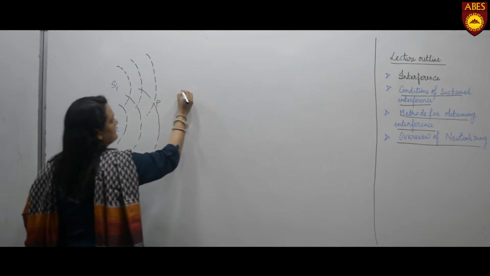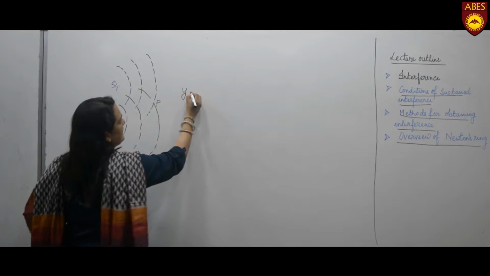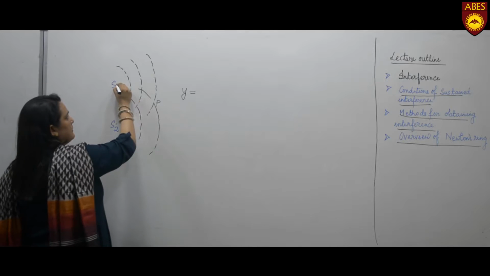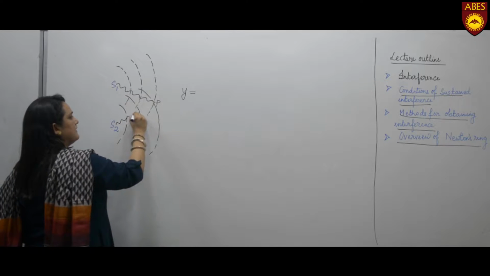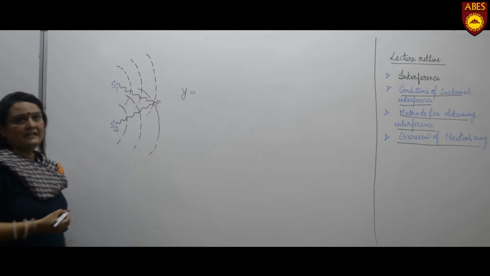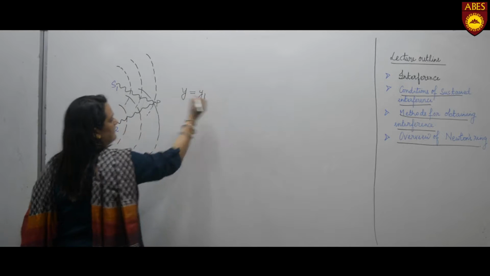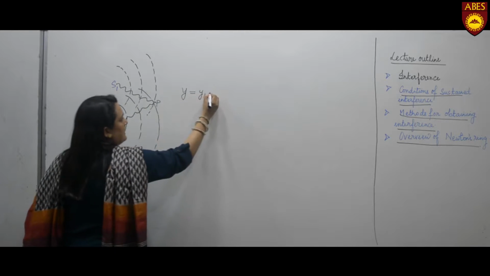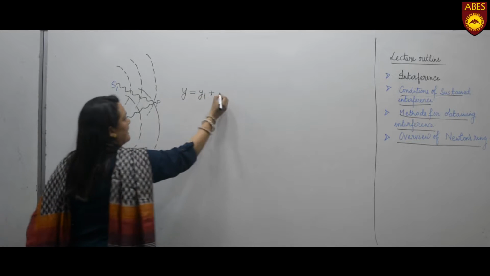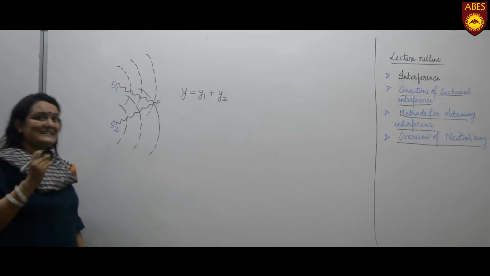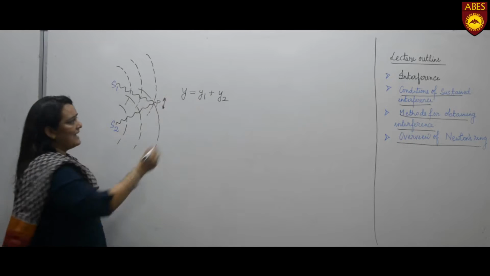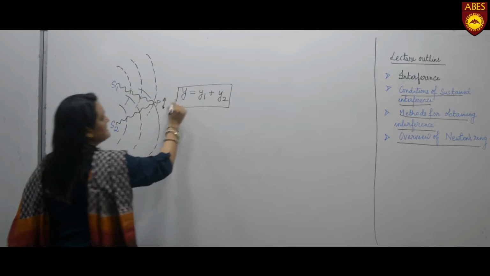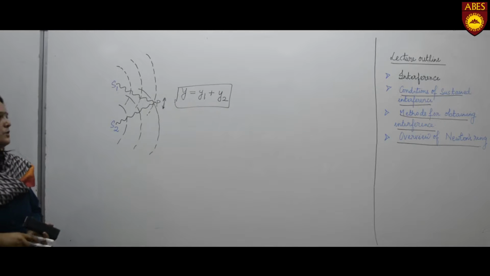The net displacement, through the principle of superposition, can be related as follows: if one wave produces a disturbance from S1 at point P equal to Y1, and from S2 the wave produces a displacement at point P as Y2, then the net displacement in the electric field vector is given by the superposition principle as Y = Y1 + Y2.